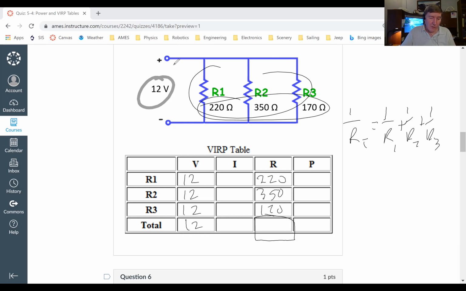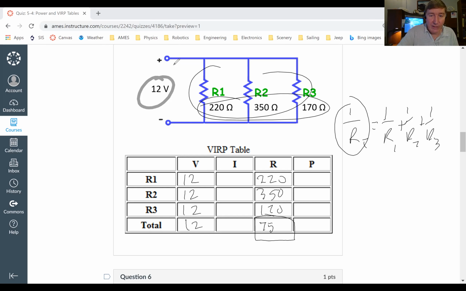So when I do that, let's see what I get. I get 1 divided by 220 plus 1 divided by 350 plus 1 divided by 170. The number on my calculator right now is not our total; it is 1 over our total. So I have to do 1 over that number. And so what I get is 75. And actually, I'm going to carry an extra sig fig along.